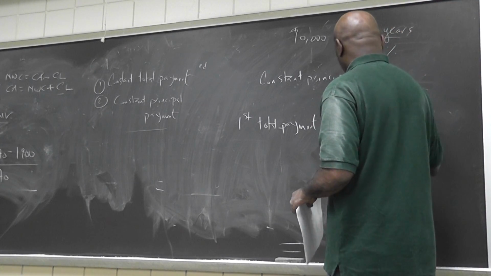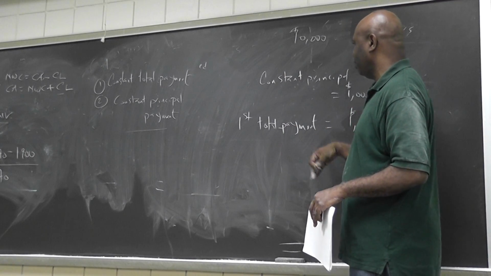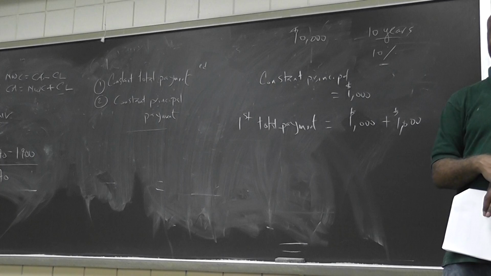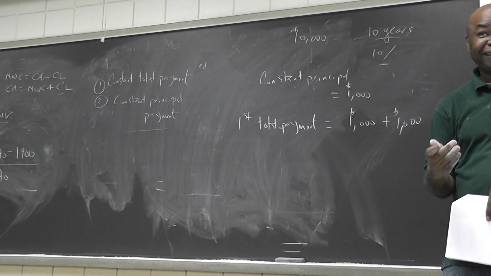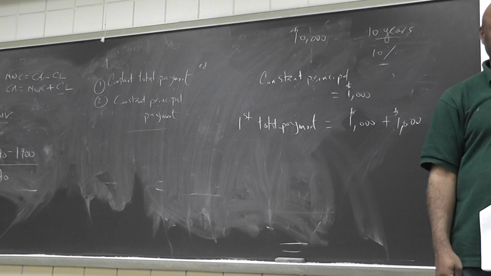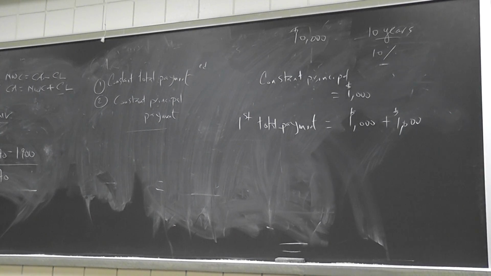But then, going to the next period, now your principal is now what? 9,000. You understand what I did? The first period, your principal is 10,000, so you have to pay interest on the 10,000. But because the method says constant principal reduction, it has to be 1,000 because you want to be done after 10 years.